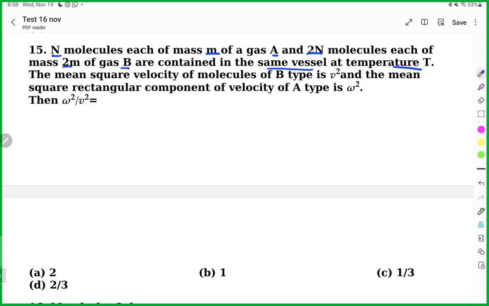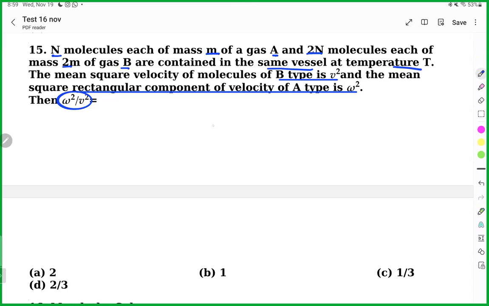Mean square velocity of B is V square. Mean square rectangular component of velocity of A is omega square. What is omega square by V square? Pratigya, how will you calculate this?